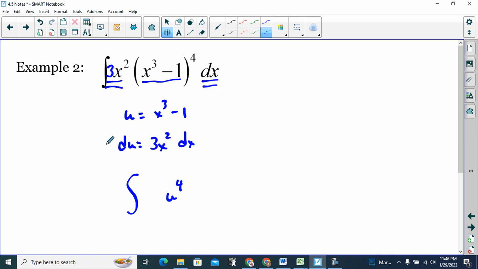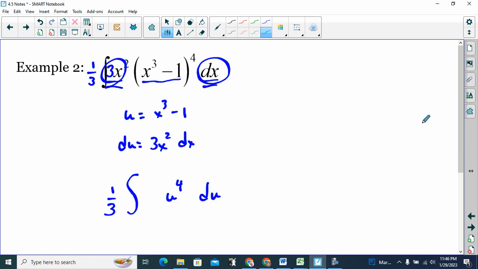But if I just multiply by 3, I change my problem. I also need to multiply by 1/3 to cancel out that 3 I just multiplied by. So this part right here, again, that's u to the 4th. 3x squared dx is equal to du. And I've got this 1/3 out front.